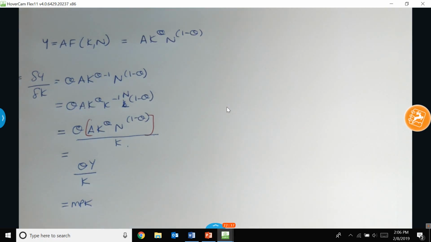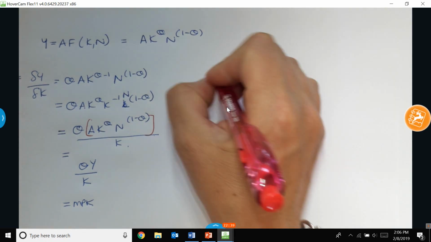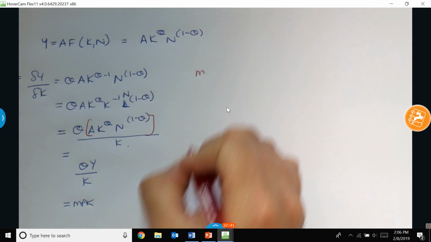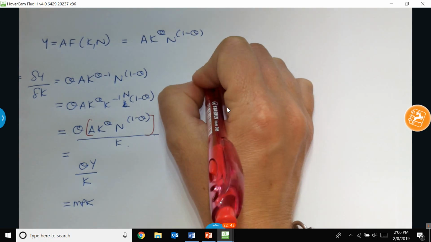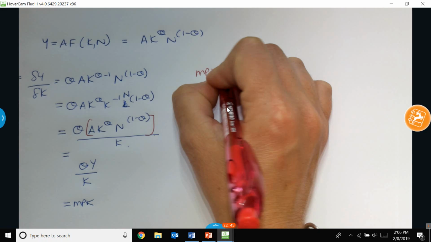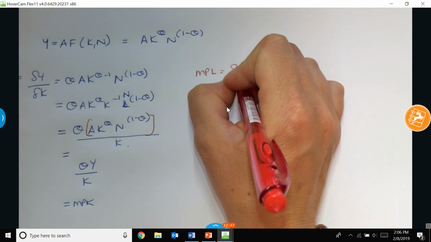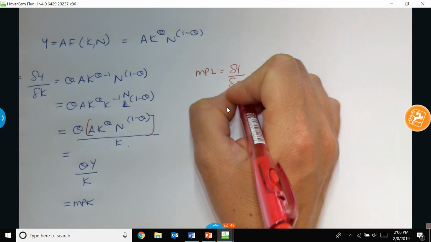If we wanted to do the same thing for labor and work out the marginal product of labor, it would be dY over dN.